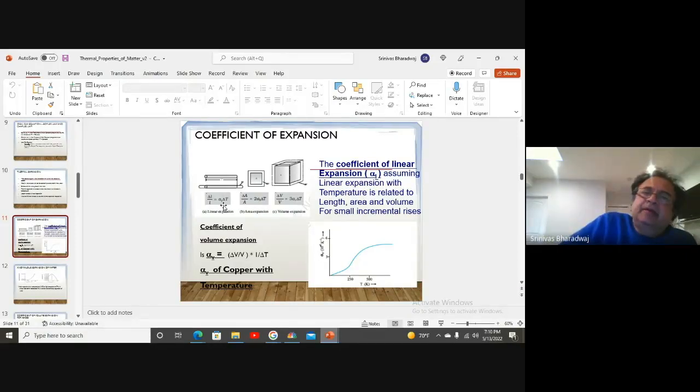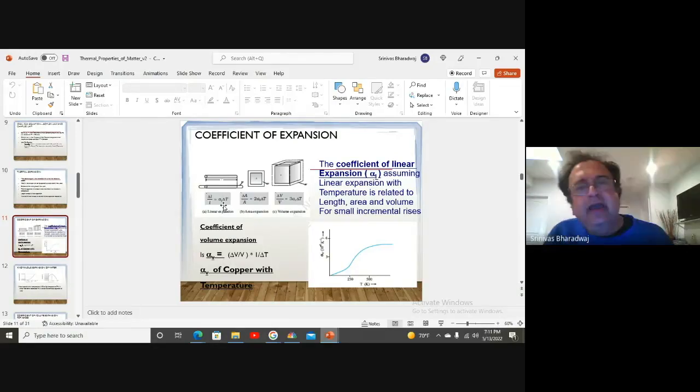V equals L cubed, right? So dV equals 3L square dL. You divide both sides by V. On the left side you put V, on the right side you put L cubed.